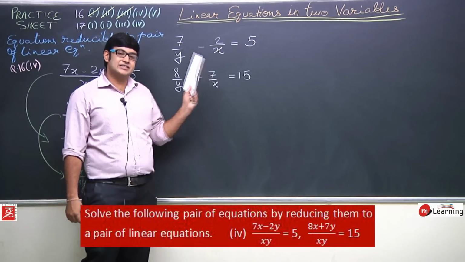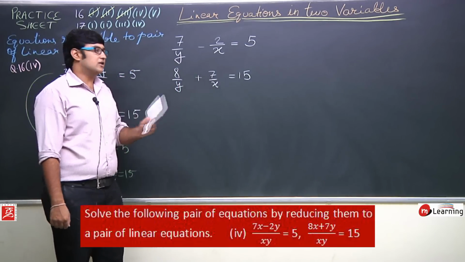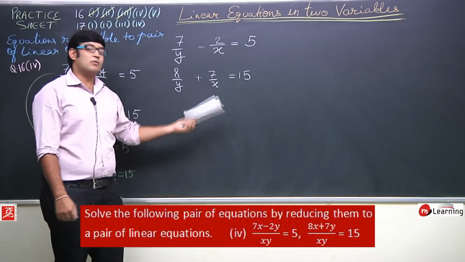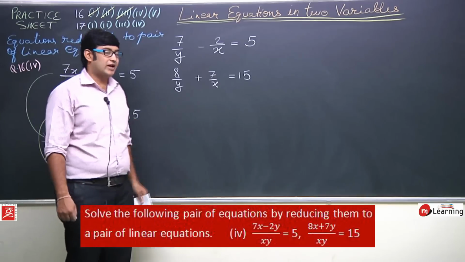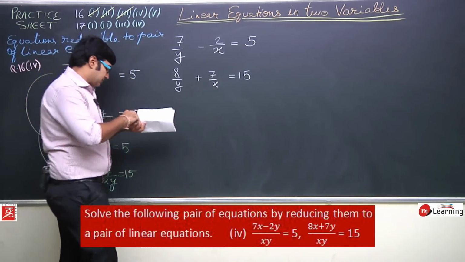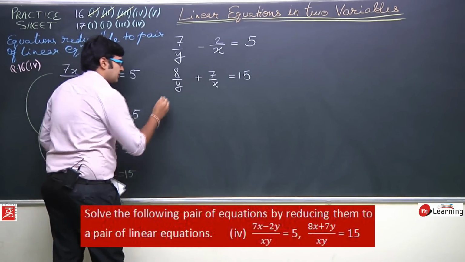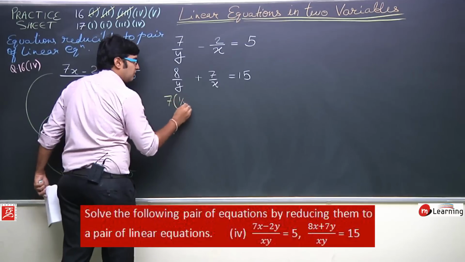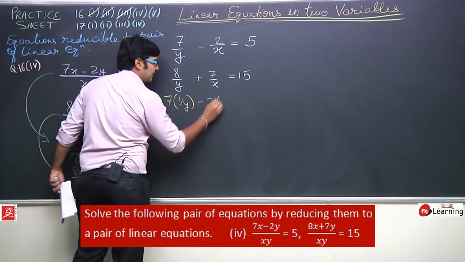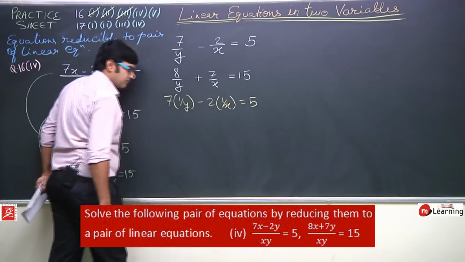In these two equations we have a common expression, we have a common term. The common terms are 1 upon x and 1 upon y. 1 upon x, 1 upon y दोनों में ही कॉमन दिखाई दे रहे हैं. कैसे? This equation can be further written as 7 times 1 upon y minus 2 times 1 upon x is equals to 5.